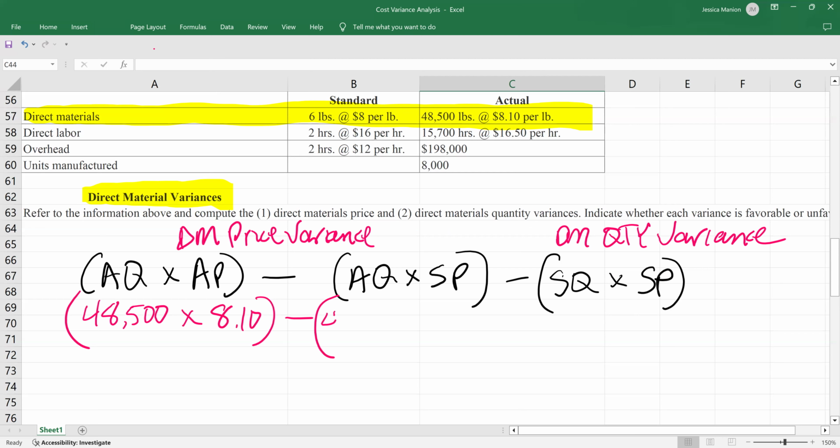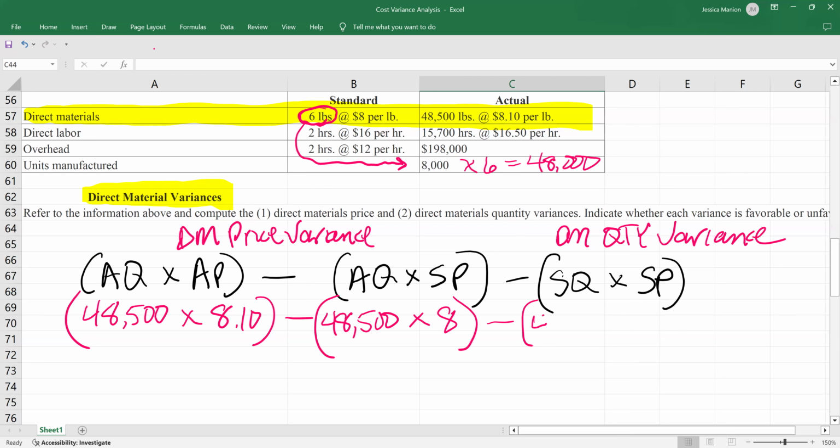Okay, actual quantity, 48,500 pounds times the standard price, $8. And again, for this quantity variance, we can go ahead and plug in also standard quantity. Now again, each unit is supposed to take 6 pounds of material. We produced 8,000 units. So 8,000 units times 6, we should have used 48,000 pounds. So that would have been our standard quantity for that number of units produced. Standard price 8.